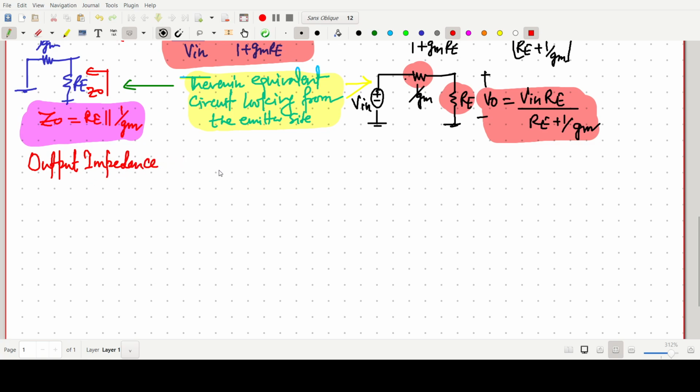Okay, using the traditional method, for that again I have to make the equivalent AC model.